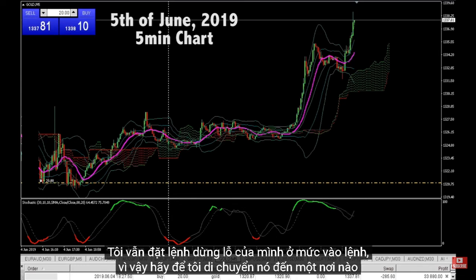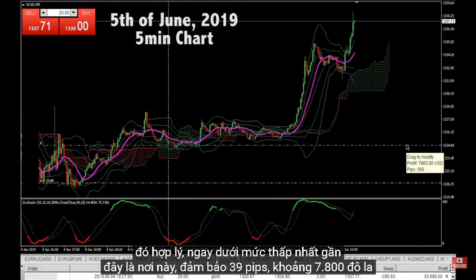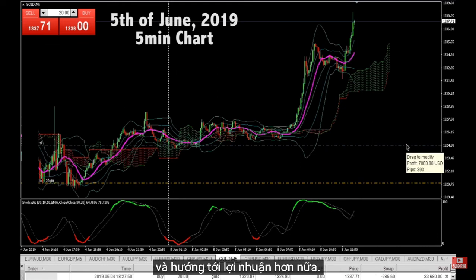I still have my stop loss at the entry level, so let me move it to somewhere reasonable, which is right below the recent lowest, which is this place, ensuring 39 pips, about $7,800, and aim for further profit.